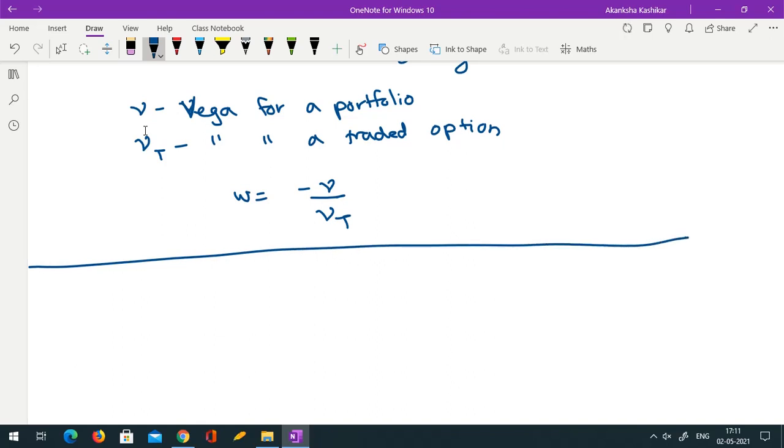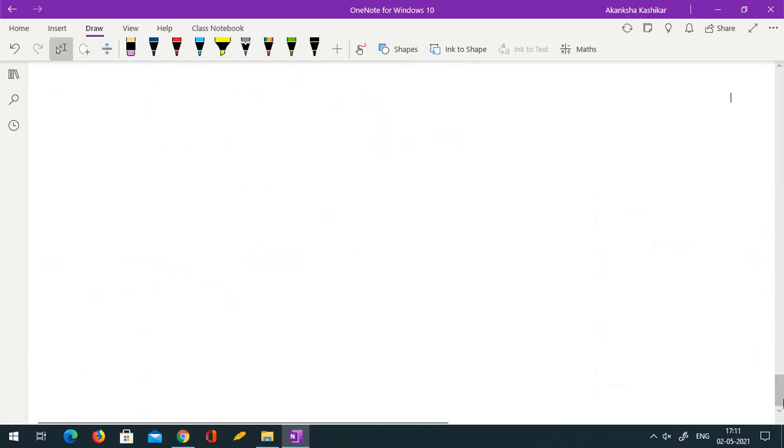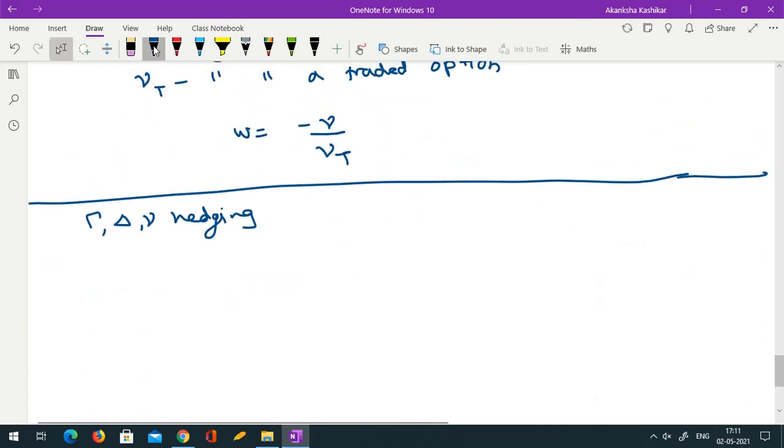So let us take one example where we do gamma, delta, vega hedging simultaneously. We want to do all types of hedging. If you want to make a portfolio gamma as well as vega neutral, you will need at least 2 different types of options. Are you following me?